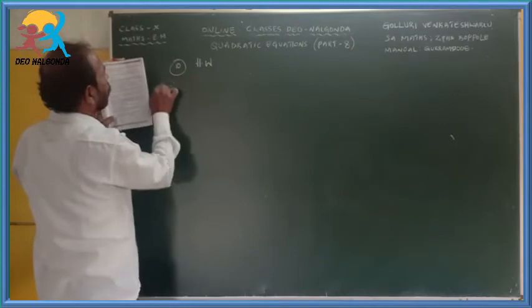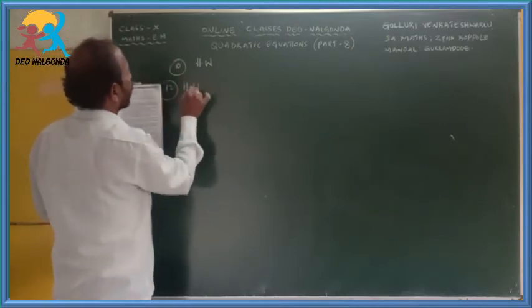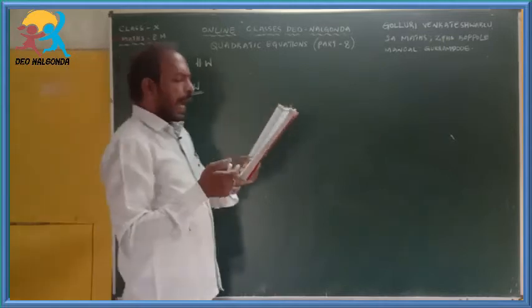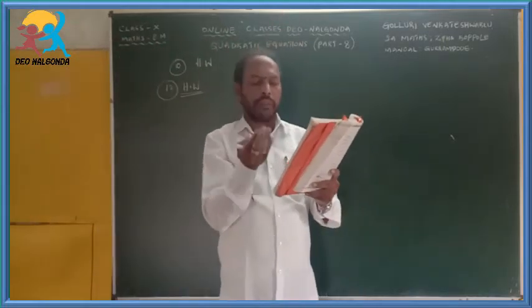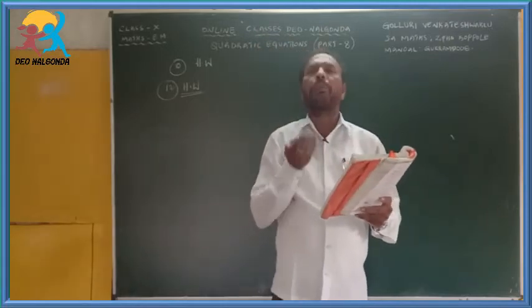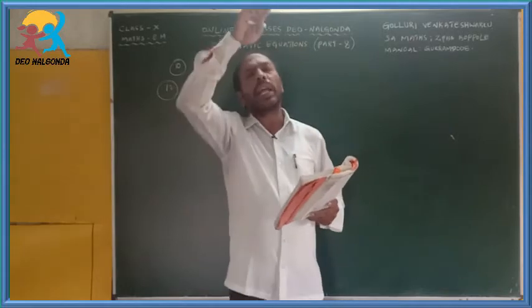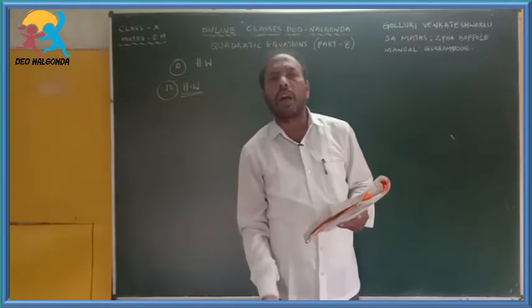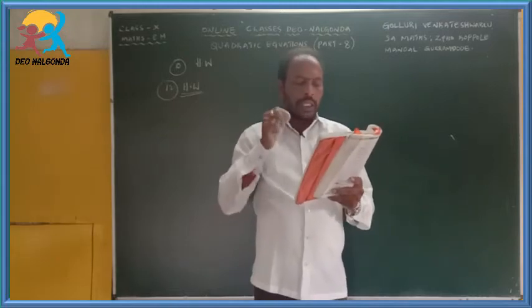Problem number 12, it is also given as homework only, so I am just giving guidelines. An object is thrown upwards with an initial velocity of 17 meters per second from a building with 12 meters height. From a building 12 meters high, a stone is thrown upwards.